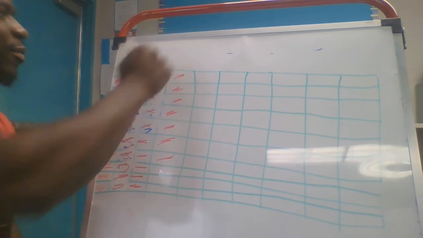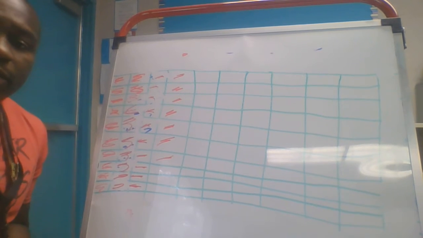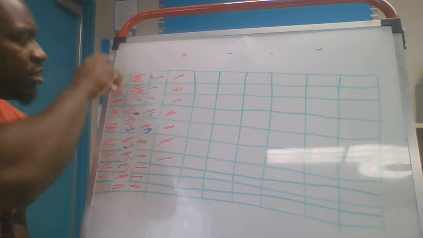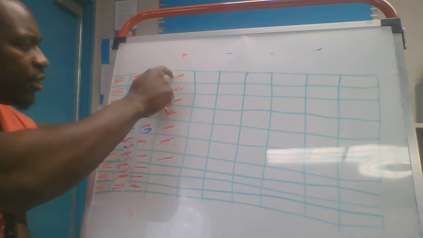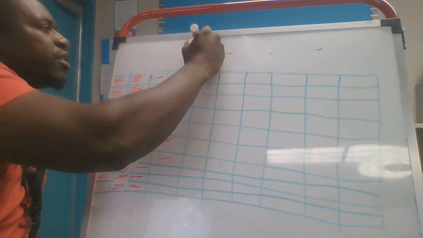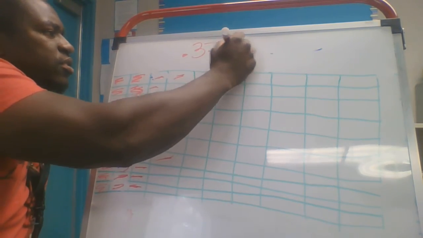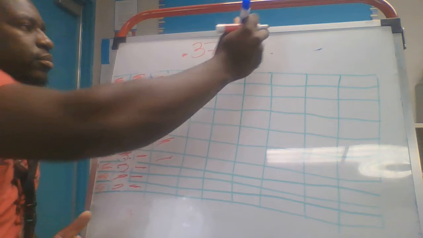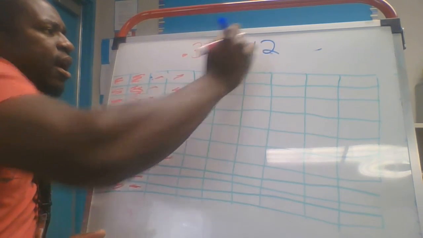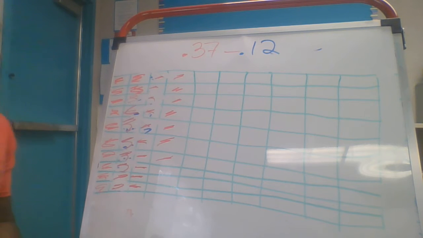I want you to pause the video and tell me, what is this decimal that we have represented here? Okay, I know you all paused it. So we got 10, 20, 30, 31, 32, 33, 34, 35, 36, 37 hundredths. So you have 37 hundredths, and you're going to subtract 12 hundredths.